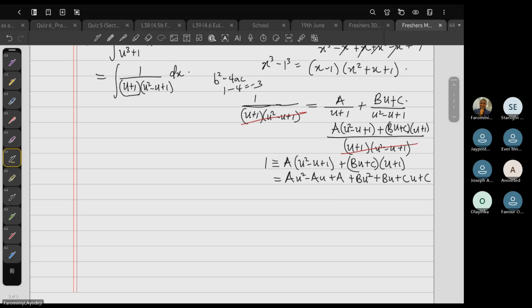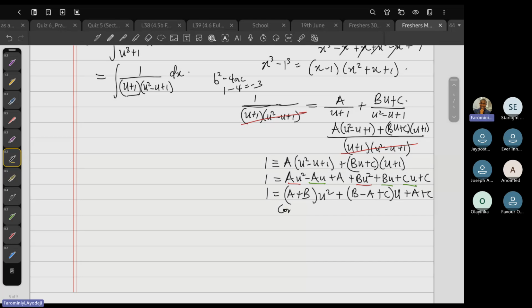So that means 1 is equal to (A plus B)u squared, this and this. Then plus (B minus A plus C)u, that is this, this, and this. Then finally, the constant, A plus C.